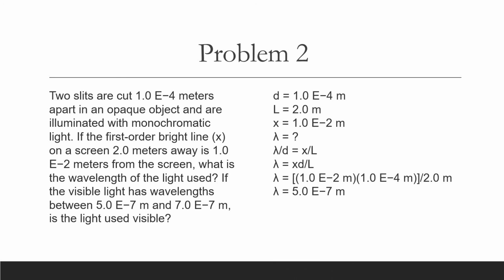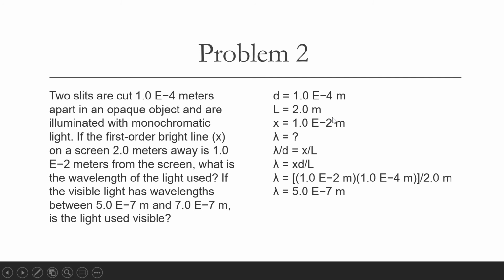Alright, so let's go over right over here. And one more time, you need to list the givens that you have from the problem. Right now we have letter d, which will equal 1 e minus 4 meters, we have letter L, 2 meters, and letter X, 1 e minus 2 meters.